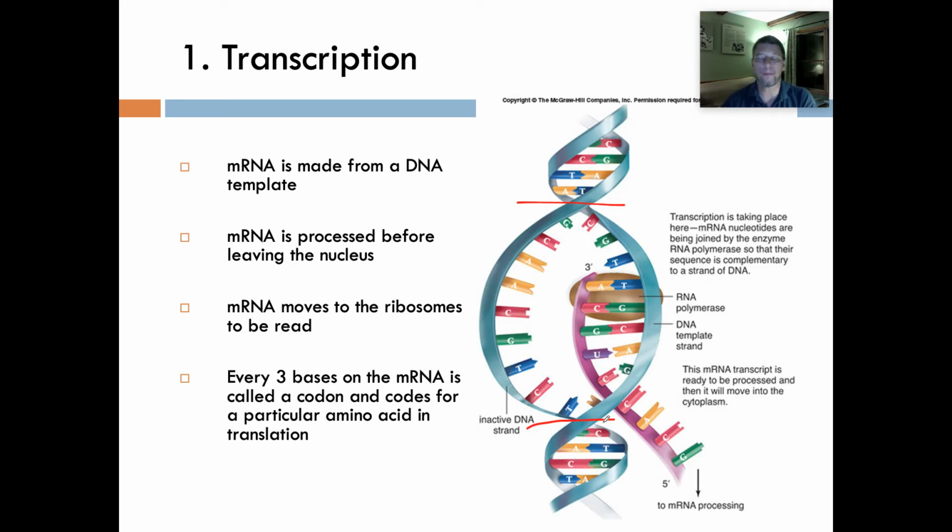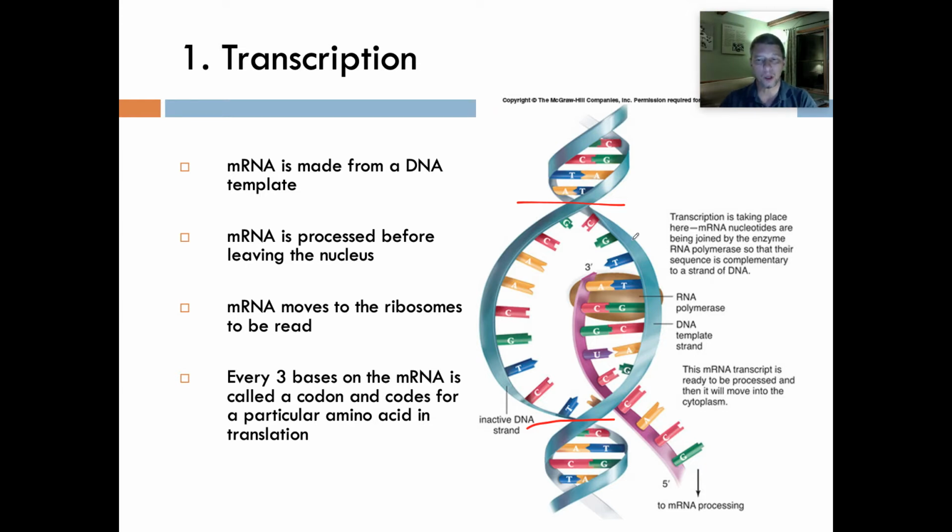The messenger RNA nucleotides are being joined together by an enzyme called RNA polymerase, so that the sequence that they have is complementary to the DNA. And this brown egg thing is representative of that enzyme, RNA polymerase.